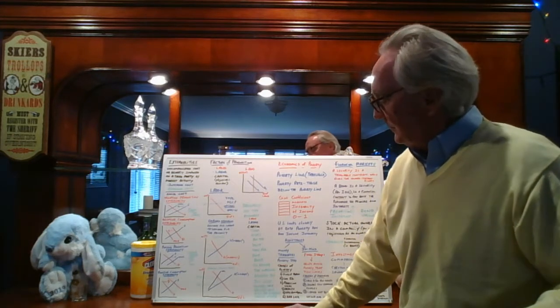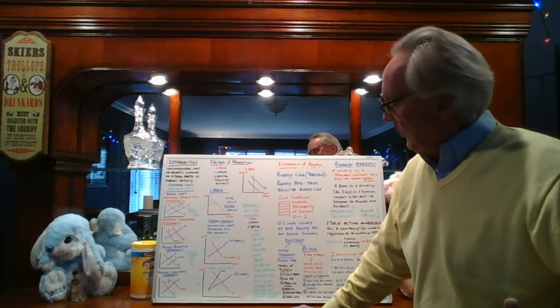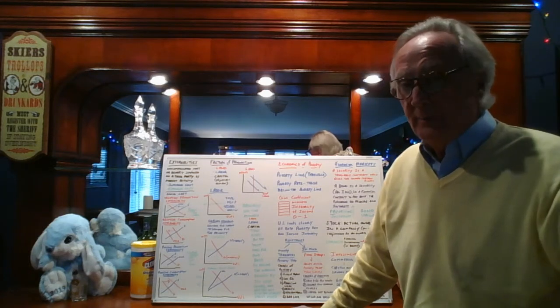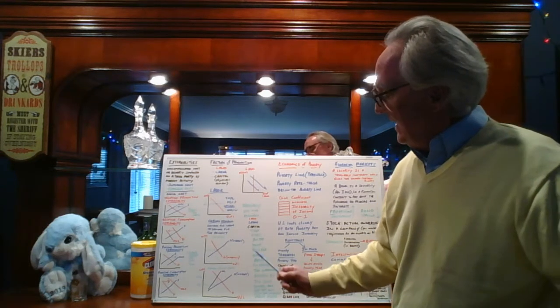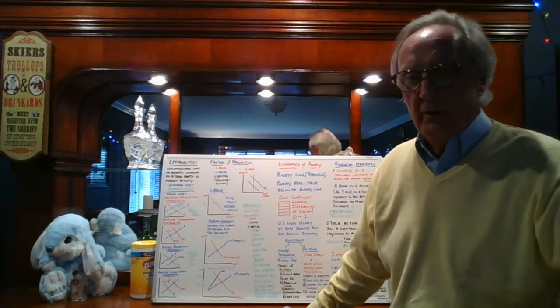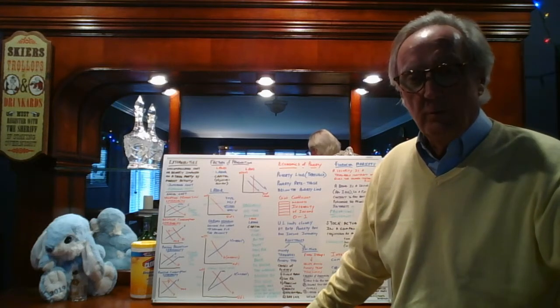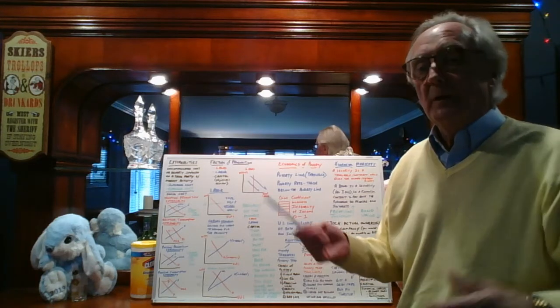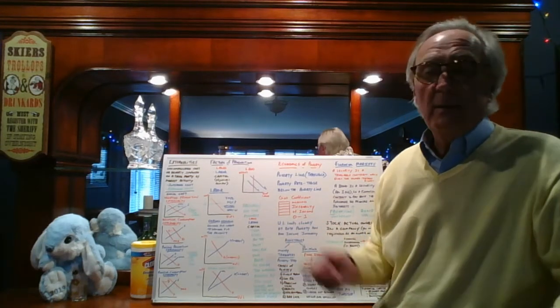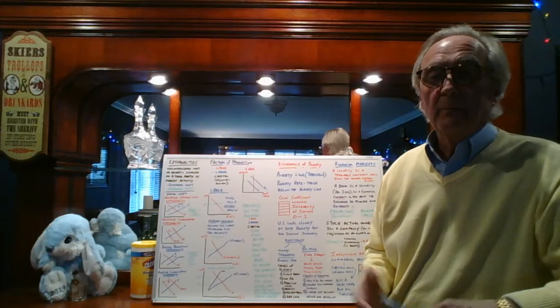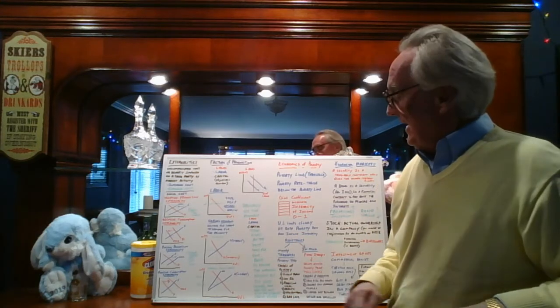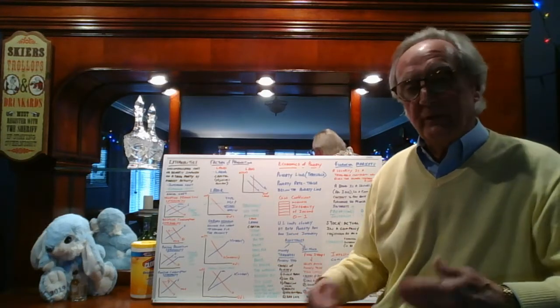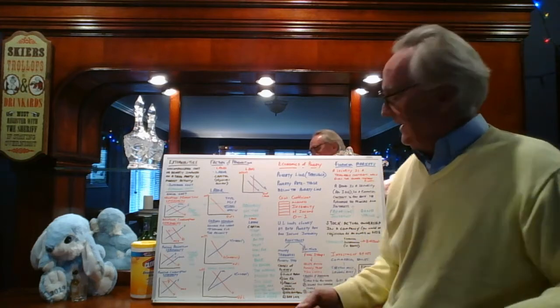What we did when we talked about monopoly, we had the point where marginal cost equals marginal revenue, and then we went up to the demand curve to find out how high they can raise the price, because they are a monopoly. It's very similar, but it's somewhat reversed for monopsony.